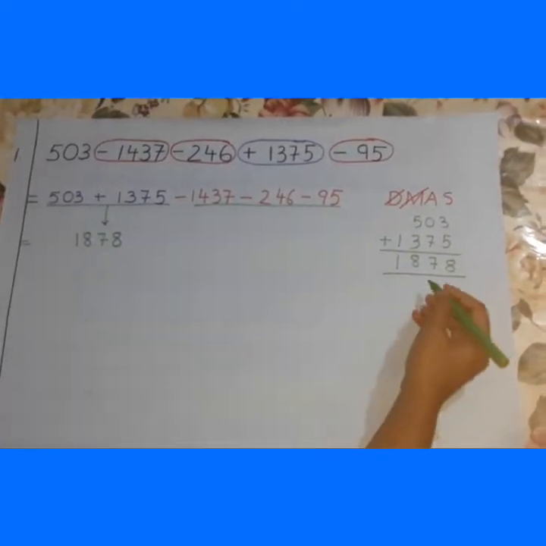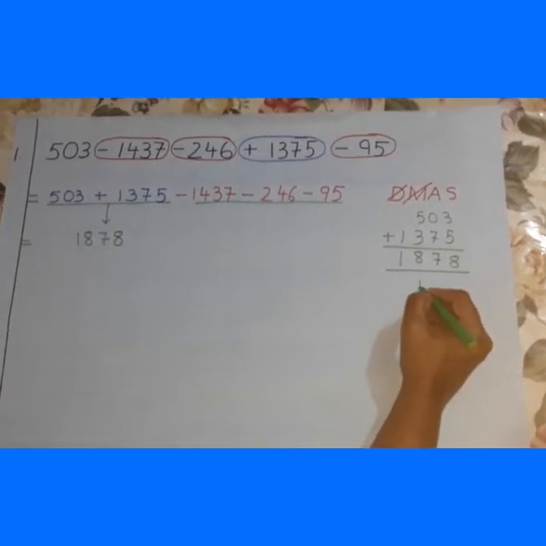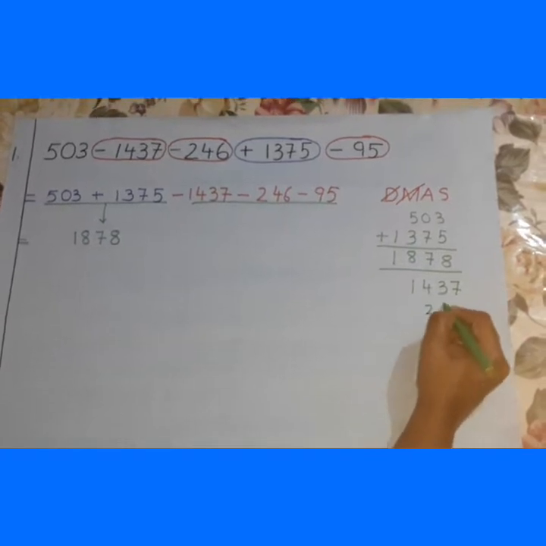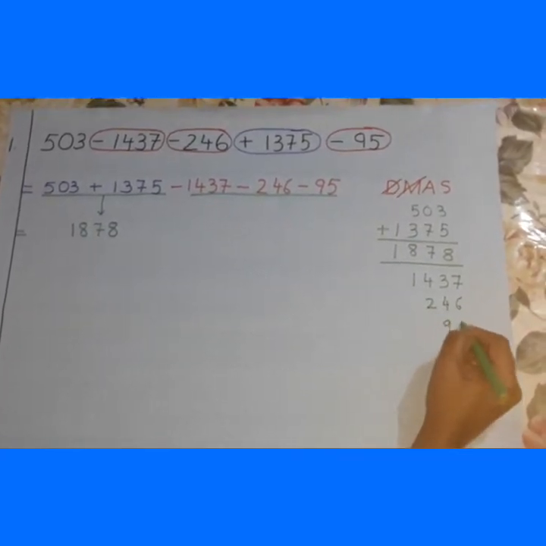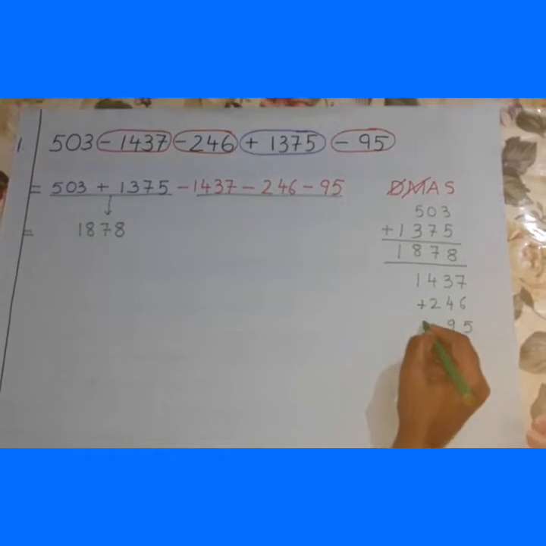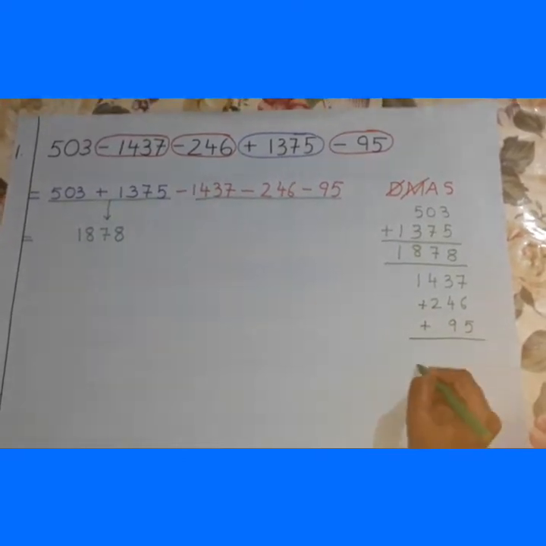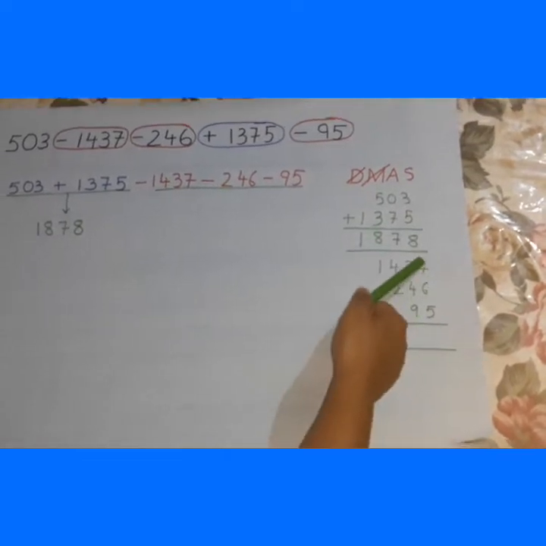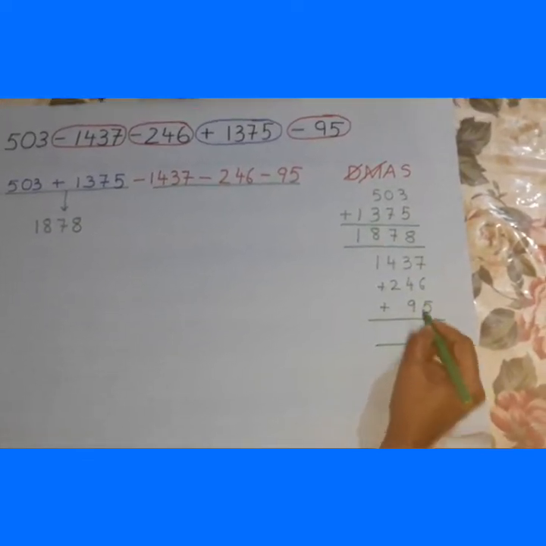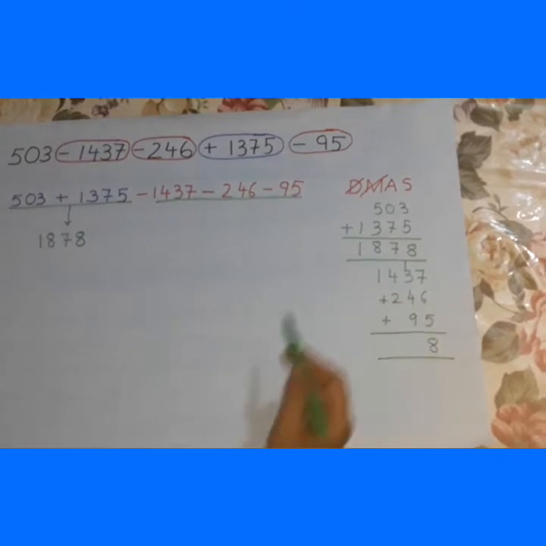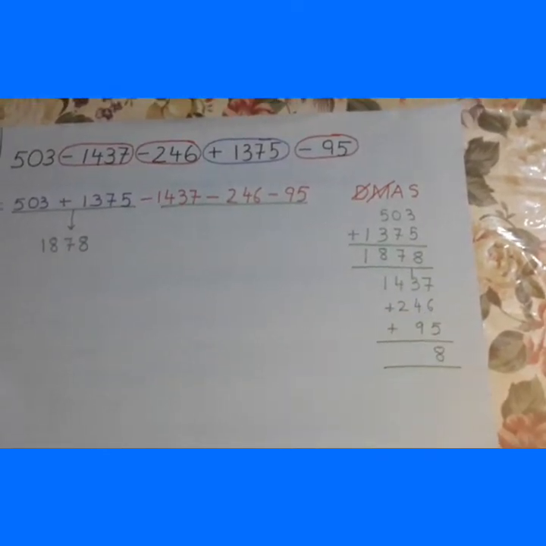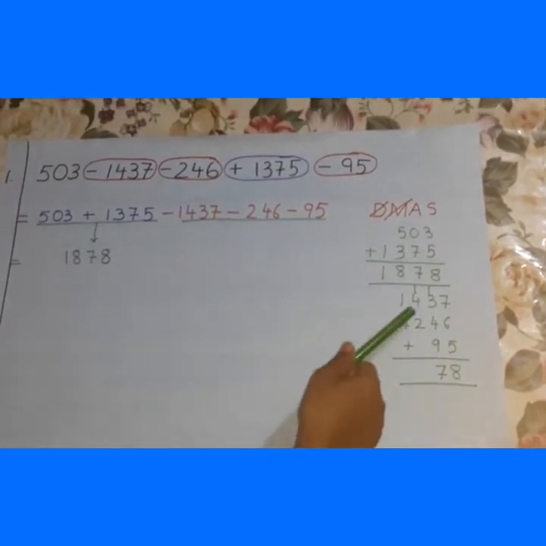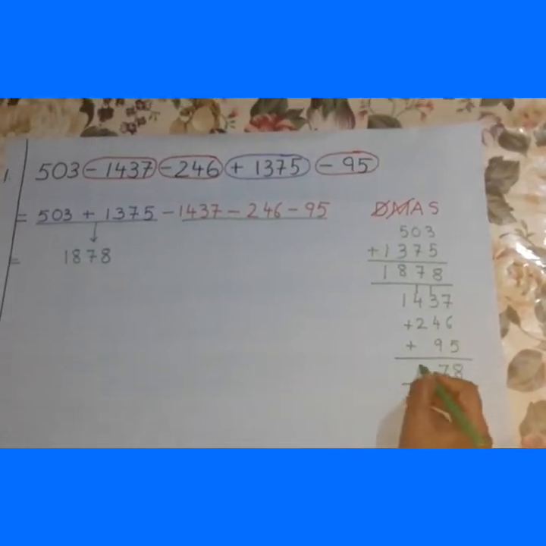Am I right? So let's do the addition here. 1437, 246 and 95. We have to add them up. Alright, so what's the answer? Come on. 6 plus 5, 11. 11 plus 7 is 18. 8 carry 1. 9 plus 1, 10. 10 plus 4, 14. 14 plus 3 is 17. 7 carry over 1. 4 plus 1, 5. 5 plus 2, 7.